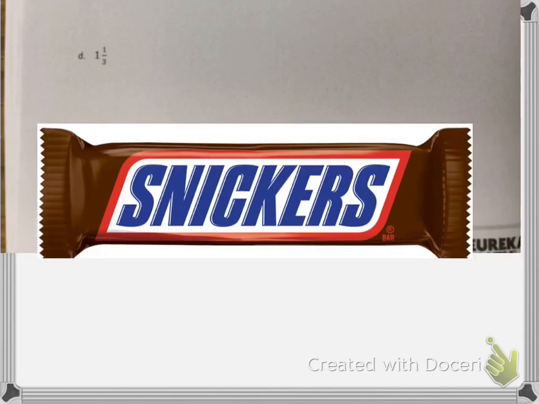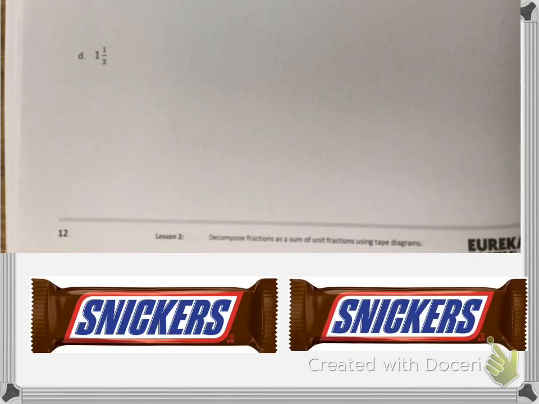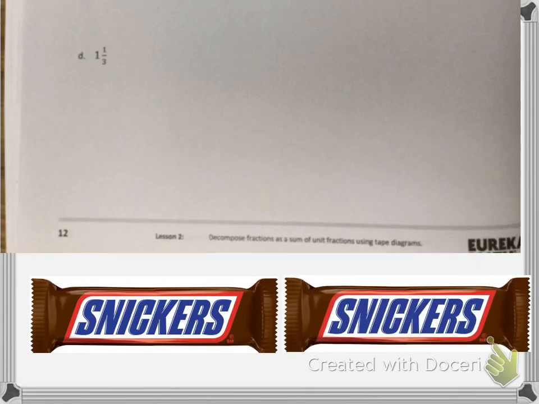So if I were to bring out my Snickers bars again, which I'm totally going to, we're going to have 2 Snickers bars. And we don't know how much to cut this one whole Snickers bar, but we do know that the second one is cut into thirds, right?